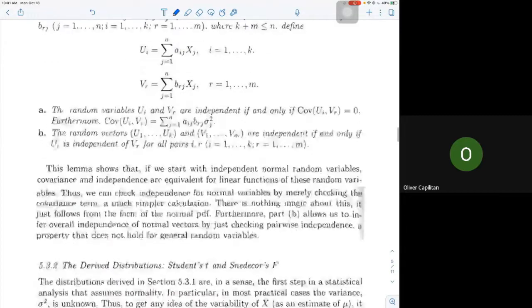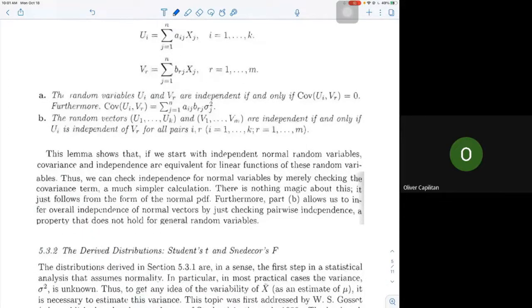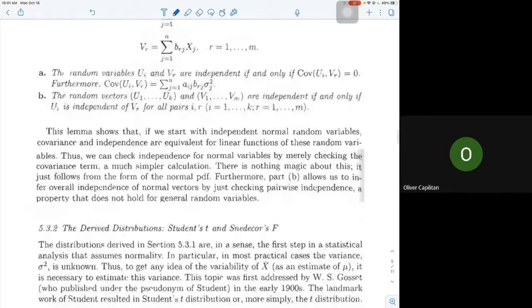So according to this lemma, we can check independence for random variables by checking the covariance term. That's actually the letter A result. And then for letter B, if we're going to check the overall independence of the random vectors, we just check the pairwise independence of these random variables in our random vectors.